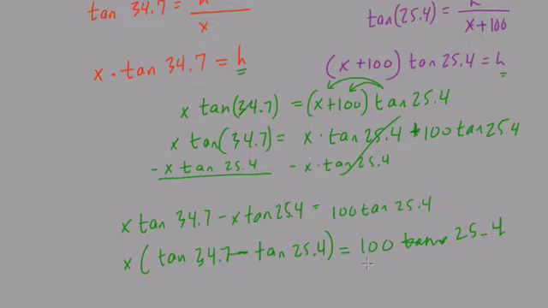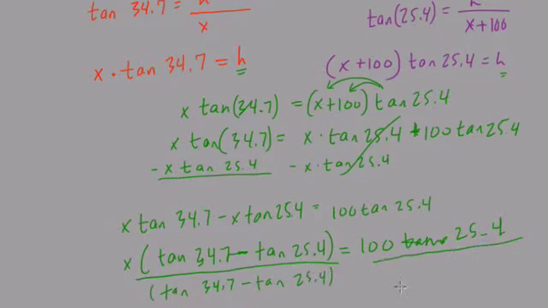It's a simple algebra problem. All we have to do now is divide both sides by the tangent of 34.7 minus the tangent of 25.4, right? Do it on the right as well.